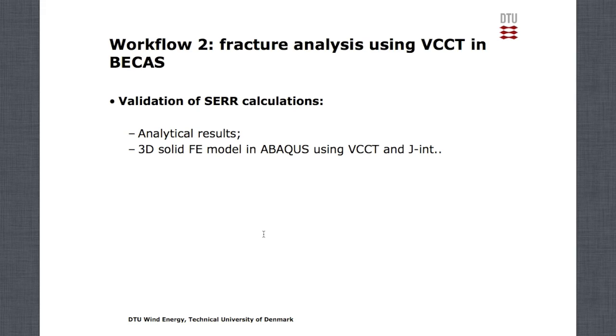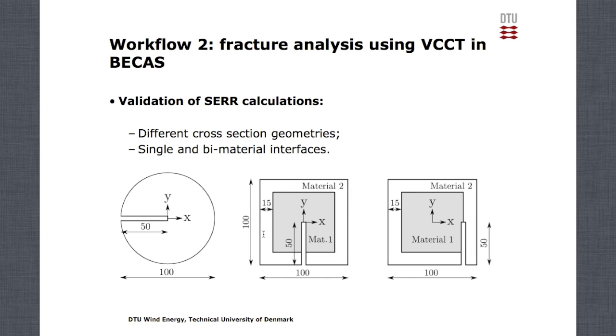So I'll present you some validation results. We have compared the results from BECAS against analytical results, and against 3D solid finite element models in Abaqus using VCCT and J integral calculations. We will present results for 3 different types of cross sections.